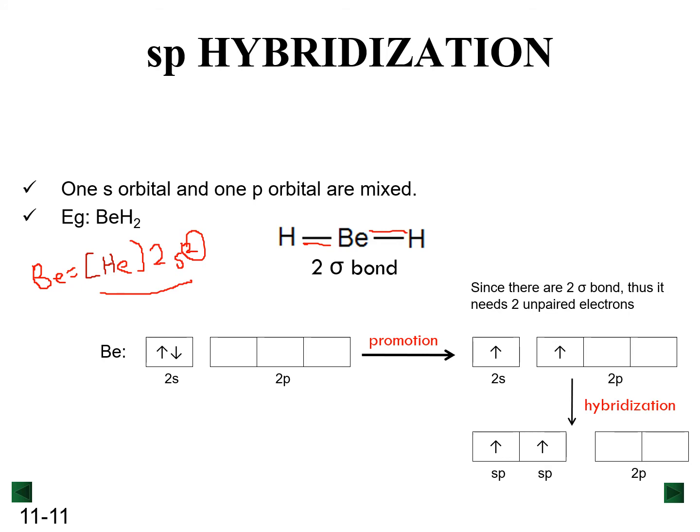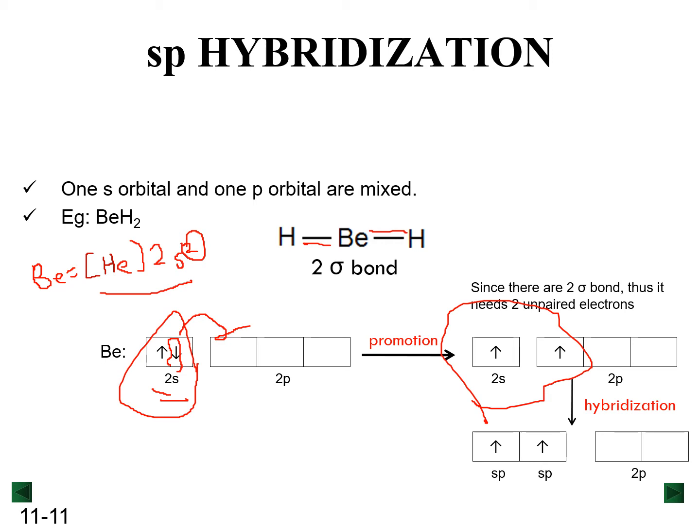But from the valence orbitals here, we can see that it cannot form 2 bonds, right? So what we need to do is promote an electron from 2s to 2p orbital, forming this.